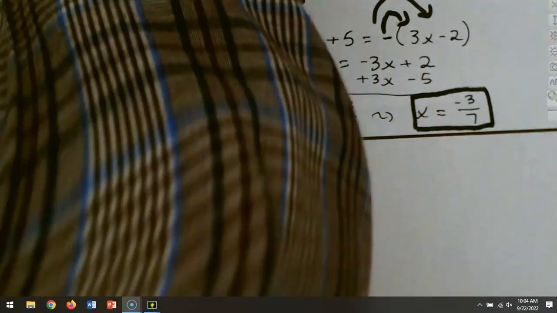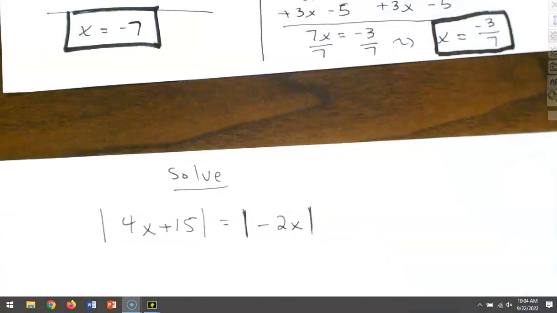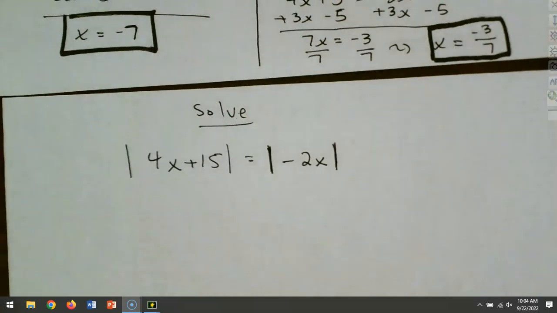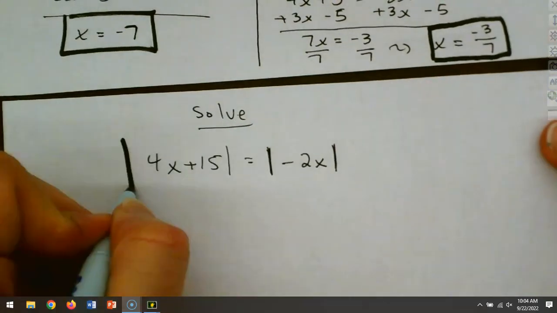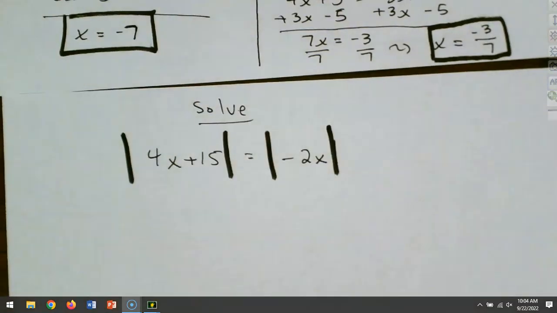Okay, so absolute value equaling another absolute value, right? Okay, so first thing we do, these are absolute values here. So the first thing that we're going to do is we're going to come up with our 2 equations.